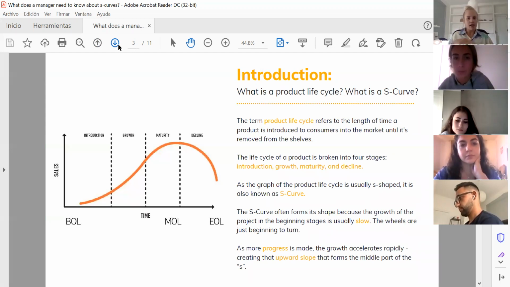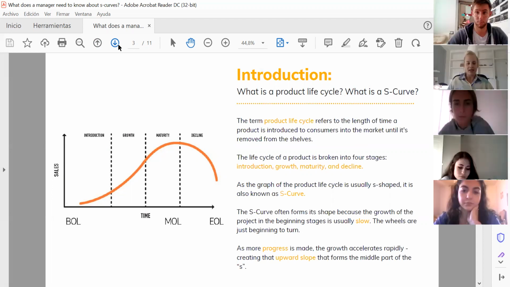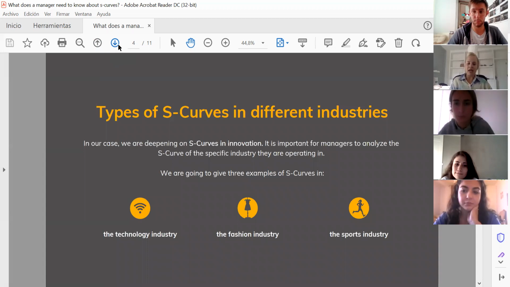And after a while, the product is established in the market, awareness is built, so the sales are going up and more progress is made. So the growth accelerates quickly, which will lead to the upper point of the S-curve in the middle. But now Guillermo will dig a bit deeper into the topic of S-curves and talk about the types of S-curves in different industries. Thank you.